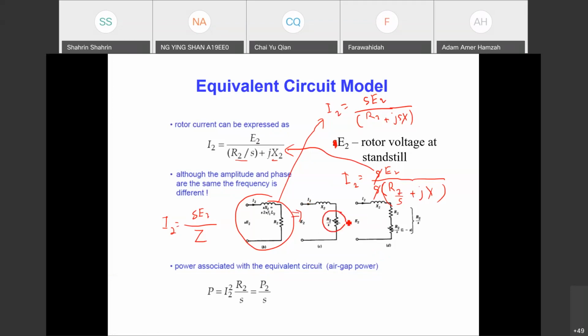Instead of R2 over S as a single resistance, because this resistance also has information about rotor losses and so on, what we do is actually we separate this.